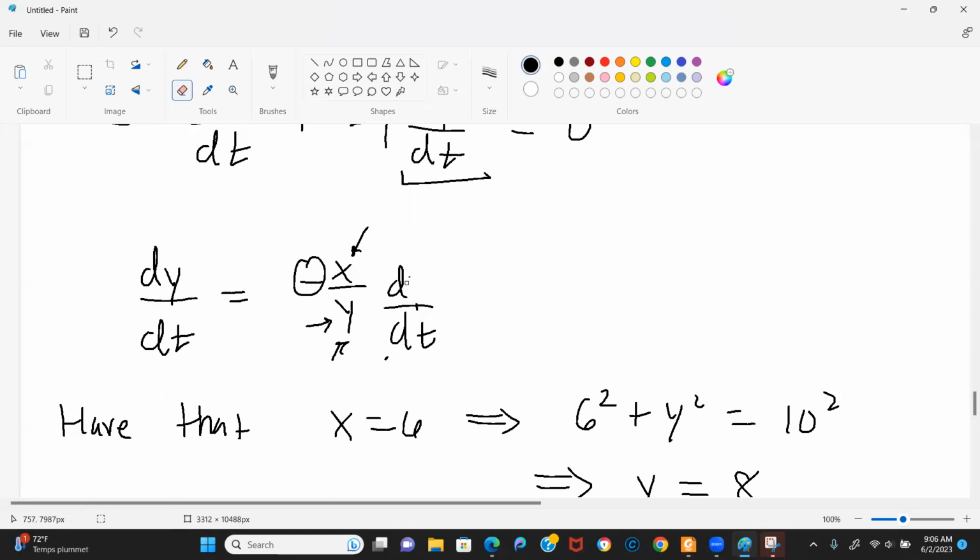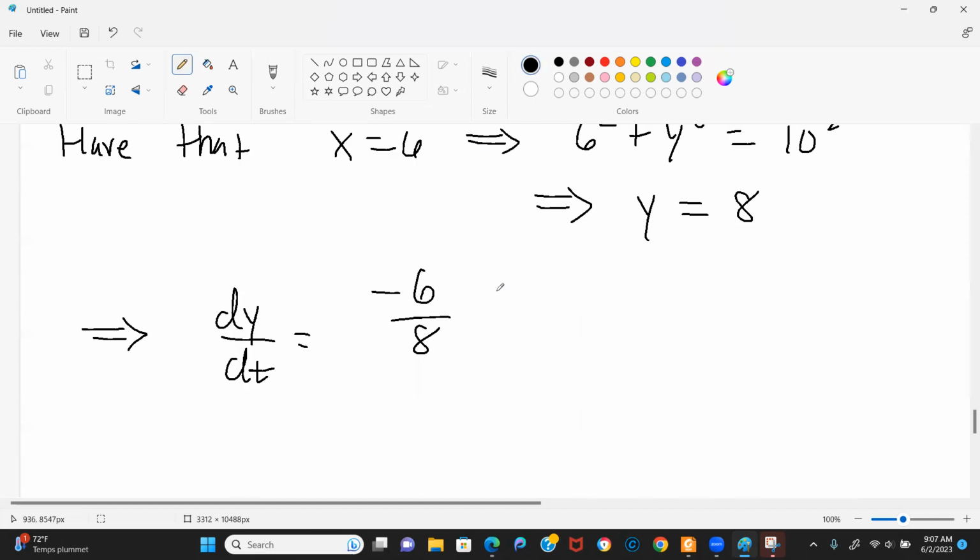It should be dx. x and y are positive because they represent side lengths. So we have a negative times x over y, which is positive, and we're given that this is positive. So we have this consistency, we have this expectation satisfied. We are in fact going to get a negative number.